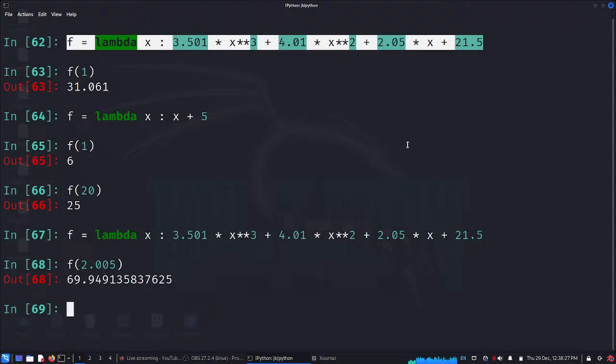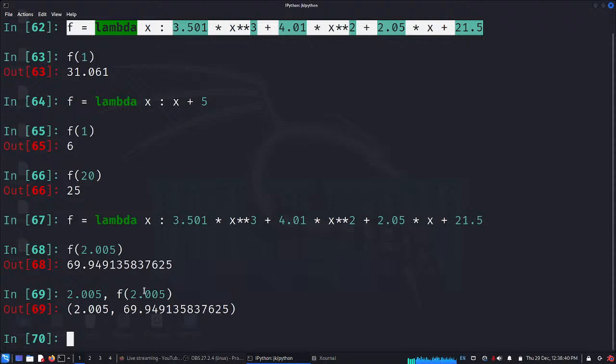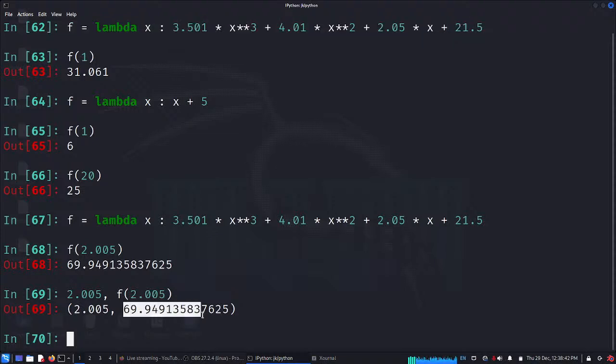So now the point is that 2.005 and f of 2.005 are pointing to the same thing. This is the value of this equation for this particular 2.005. That is the idea of a lambda function.